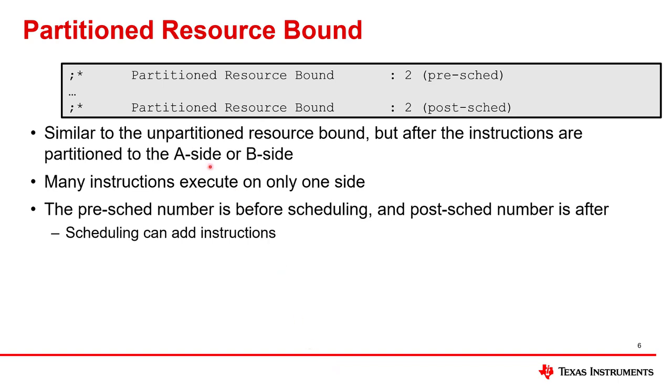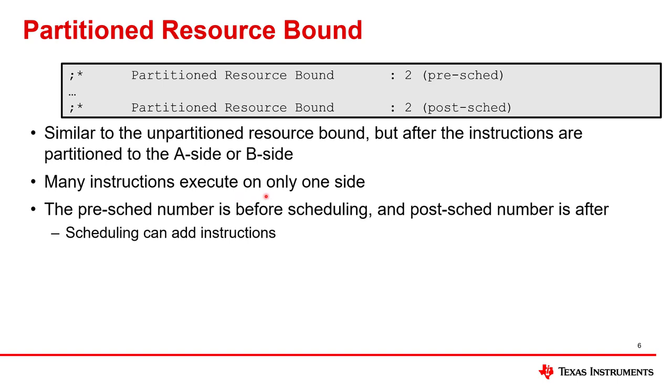When you see lines that say partitioned resource bound, similar to these, what does that mean? It's similar to the unpartitioned resource bound, but after the instructions are partitioned to either the A side or the B side. One of the things you might remember from the video on the DSP architecture is that the B side is mostly vector width instructions, so if there are some vector width operations happening in this loop, those can only occur on the B side, and so on and so forth. There are other examples like that.